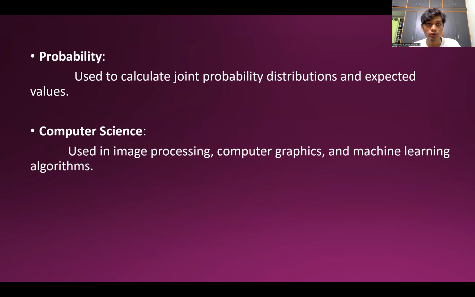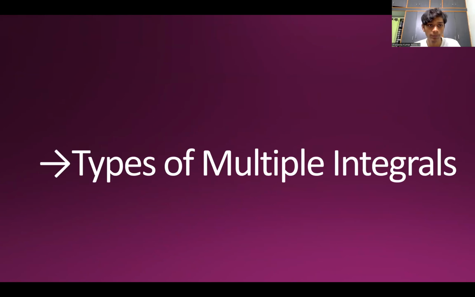In probability, they are used to calculate joint probability distributions and expected values. In computer science, they are used for image processing, computer graphics, and machine learning algorithms. In image processing, like the number of pixels, etc.